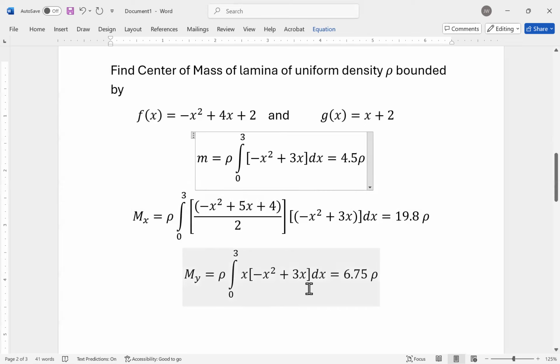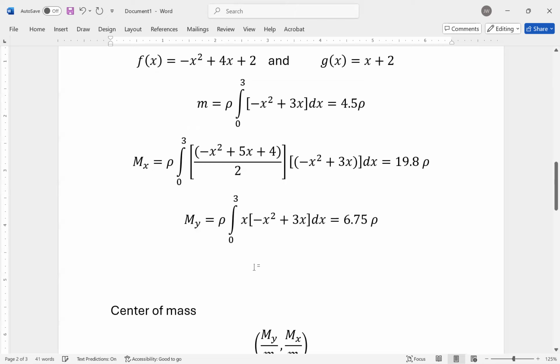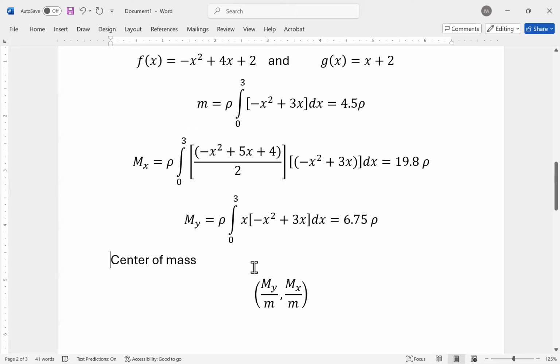Now I have all of the calculations that I need. So now I can go find the center of mass. Always remember, the x value is the moment about the y-axis divided by the mass. The y value is the moment about the x-axis divided by the mass.